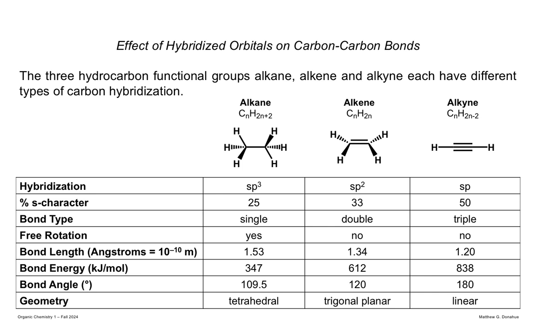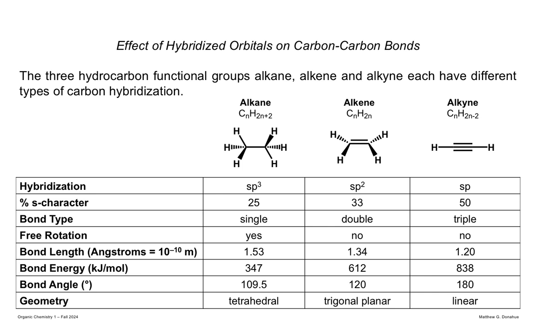And as you may have noticed already, I'm a fan of setting up tables to help memorize or understand trends. And so this table shows us the different alkane, alkene, alkyne functional groups.